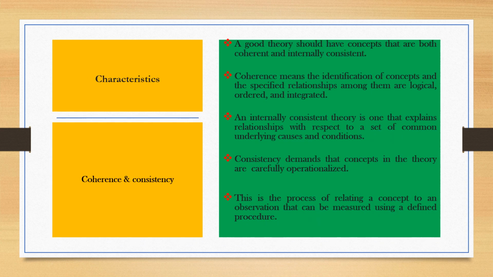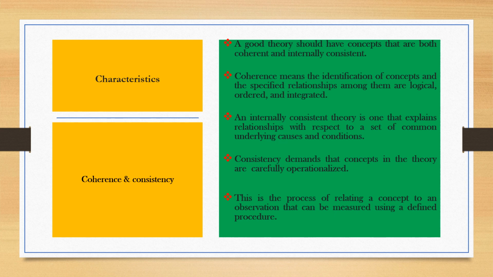I want us now to turn our attention to the characteristics of a good theory. One of them is coherence and consistency. A good theory should have concepts that are both coherent and internally consistent.